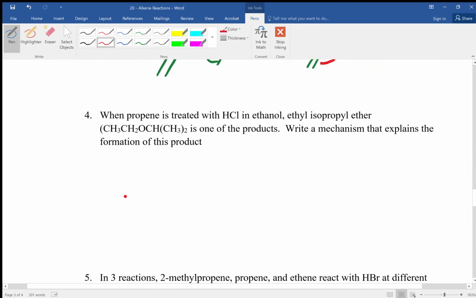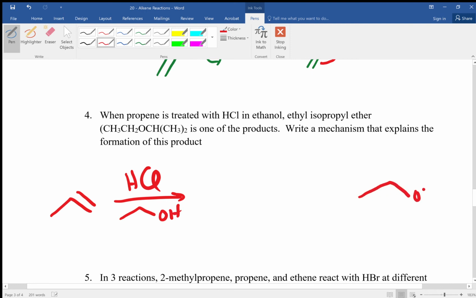All right, question 4 says if we have propene and we add HCl and do this in ethanol, the product that we get is this one. It's not the hydration product. And how do we get that? So if the alkene attacks the HCl, we form the secondary carbocation.